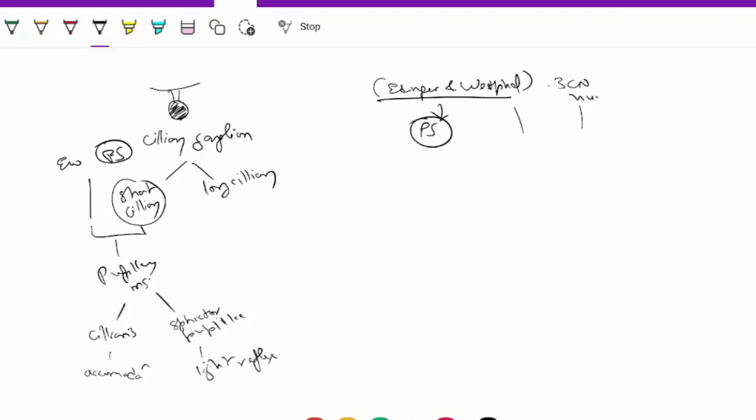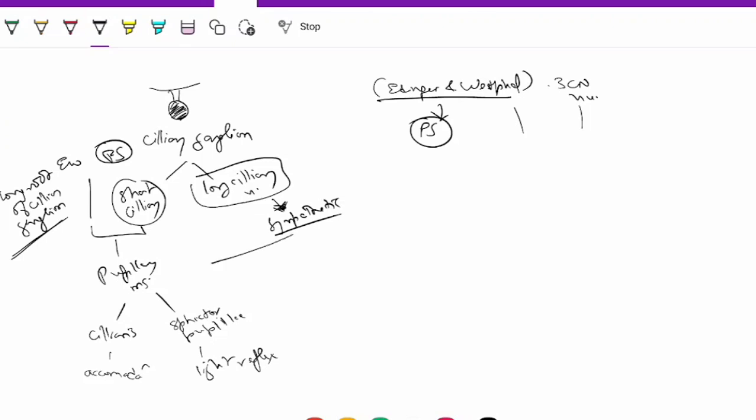Similarly, if there is a parasympathetic, then there should be a sympathetic as well. So sympathetic is your long ciliary nerve. This is long root of ciliary ganglion. Now remember, short ciliary nerve is also known as long root of ciliary ganglion. Not long ciliary, but long root of ciliary. Whereas the long ciliary nerve itself is the sympathetic supply.